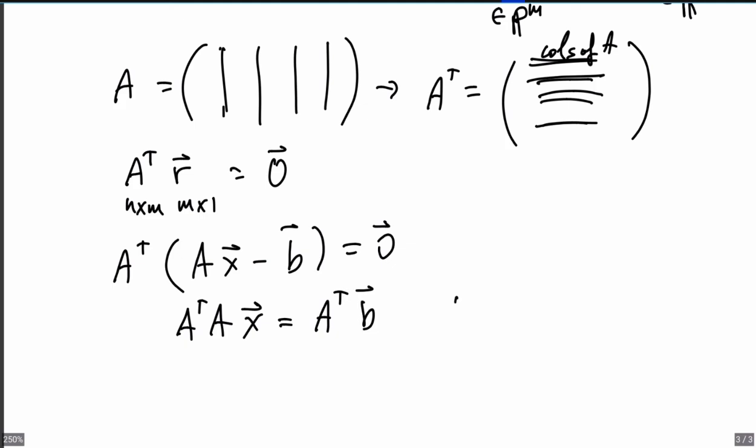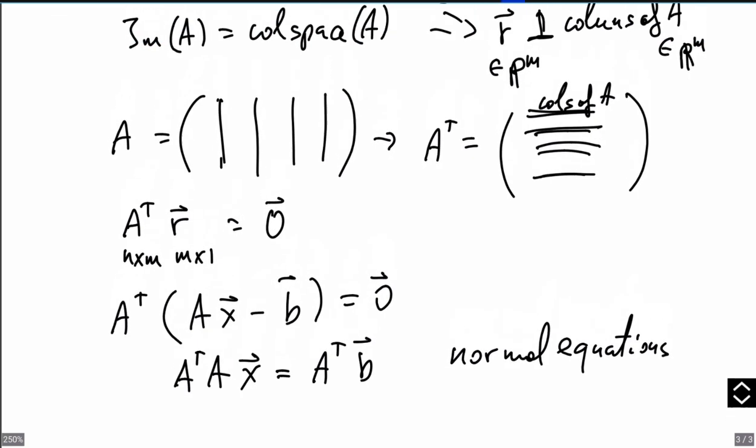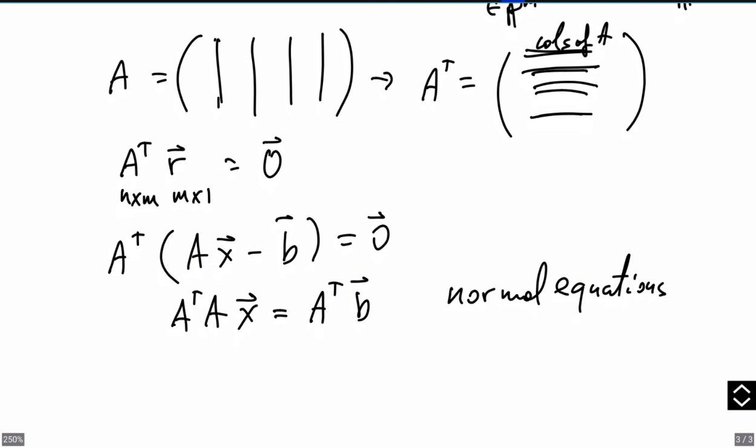These are called the normal equations, and you see that that comes from the fact that the residual is orthogonal. And then it turns out that we can solve this, and that will be the optimum, the minimizing x.